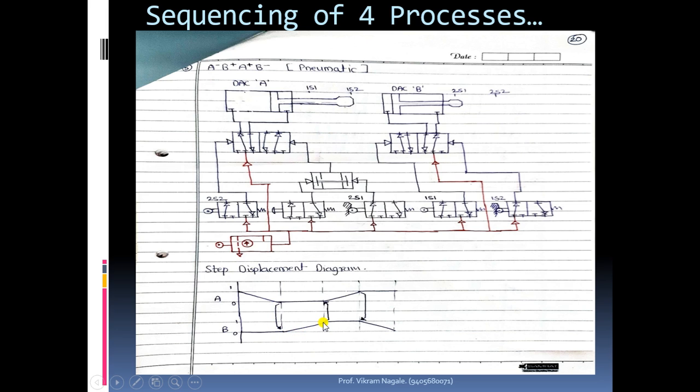After ending this process, we are taking a feedback and utilizing that to start the next process over here, and from that component the process will start and here it will end. Then after completion of that process, we are taking a feedback from this position and giving it to the next component, and this is how the next process will start.